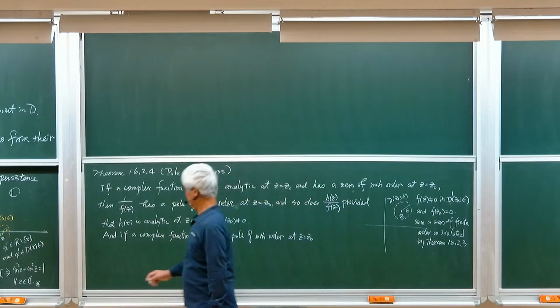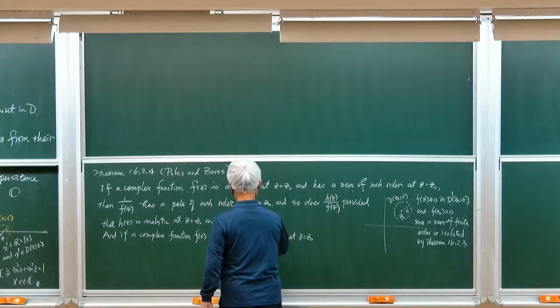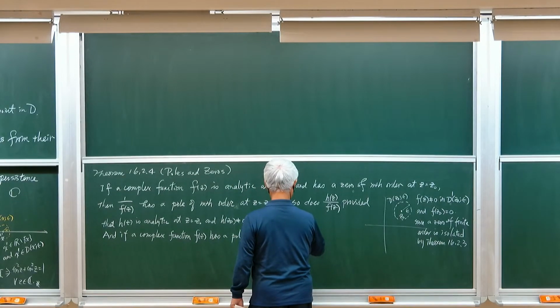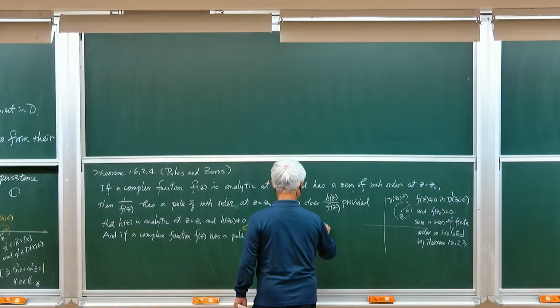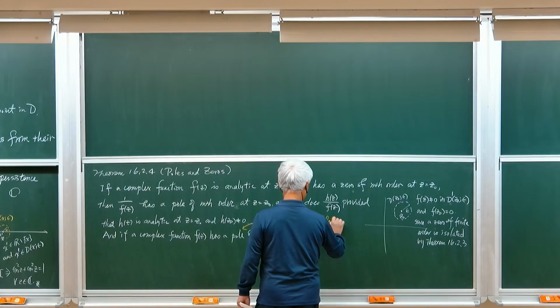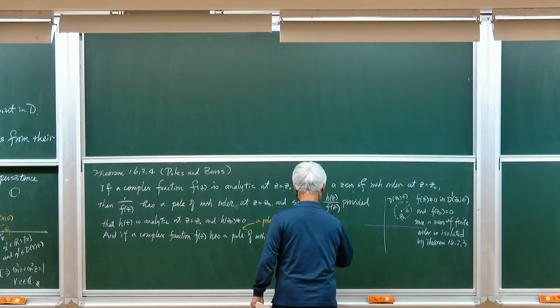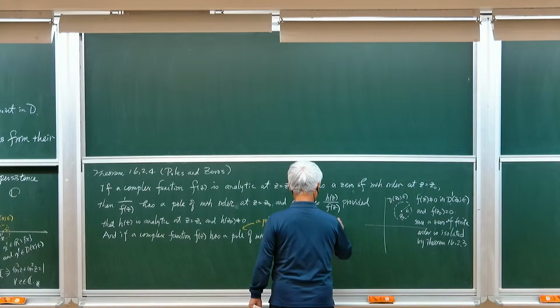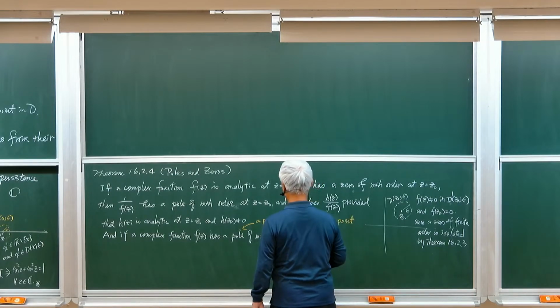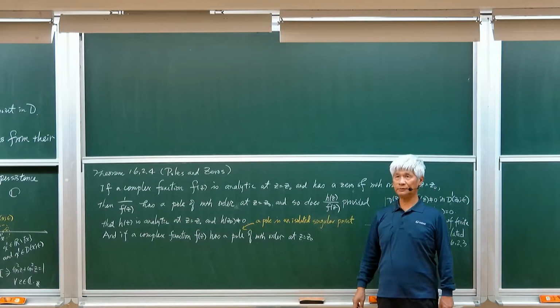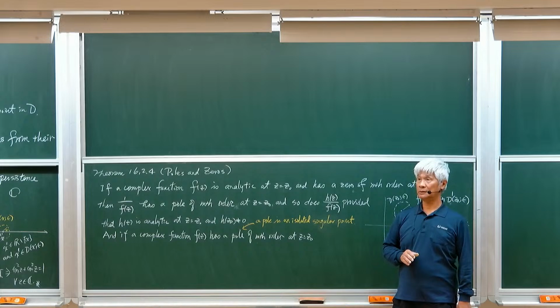So I have to say that a pole is an isolated singular point. Another type of isolated singular point will be the isolated essential singular point.